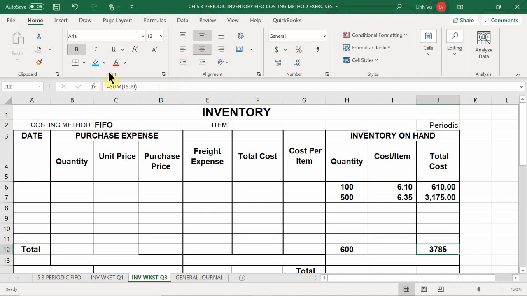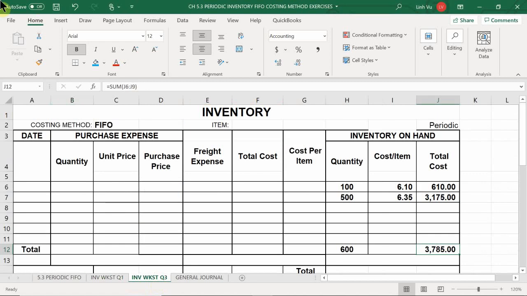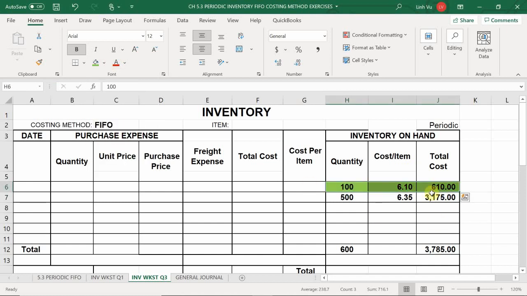So now let's go ahead and follow through with the rest of the scenario. On May 5th, I purchased 500 units at $6.25 each, with the freight costing $50. So this is where you guys are going to come into play. May 5th, how many items did I purchase? 500.